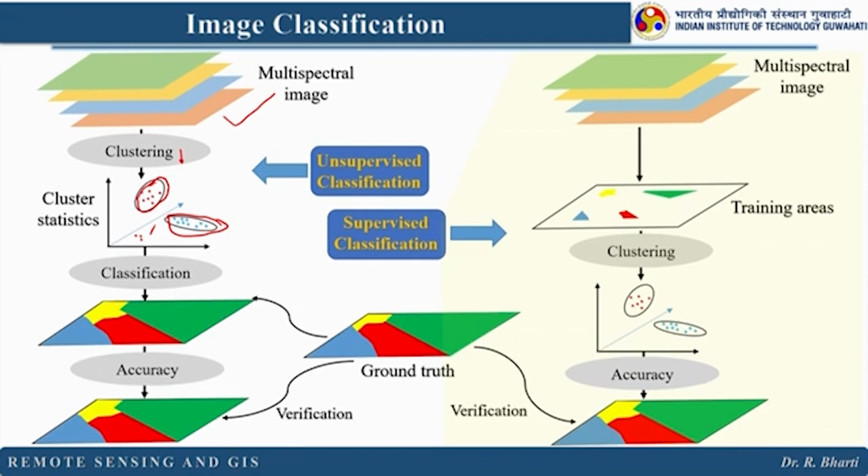So from a cluster you have a variation in DN number. So let us say 10 to 50 belongs to class 1. So based on that logic, you will find in your image 10 to 50 and you will assign those pixels to class 1.